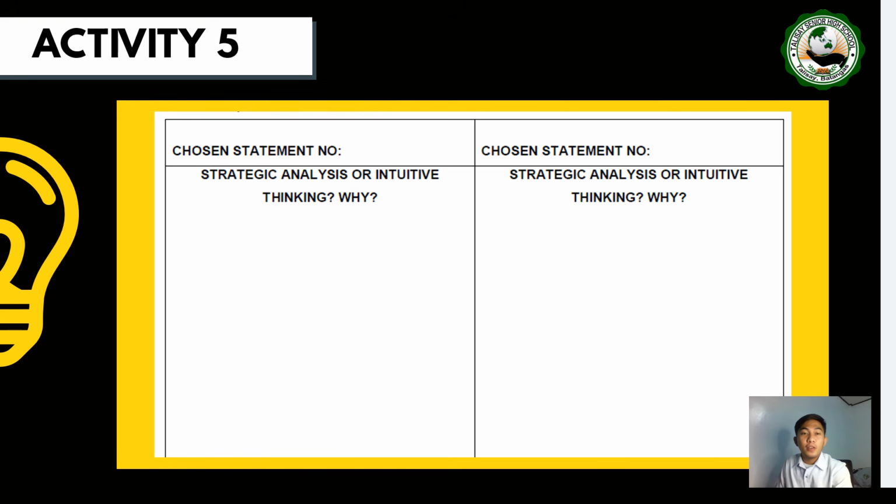So you're just going to write which are your chosen statements, and you're going to identify is it strategic analysis or intuitive thinking and why. Okay, reminders, you're going to answer this as a group.